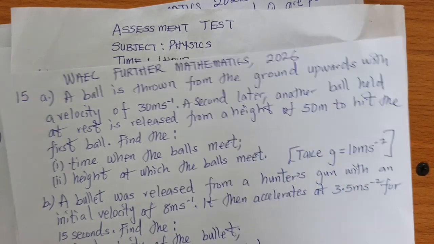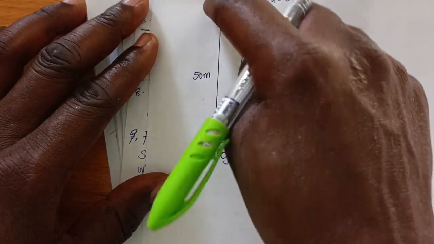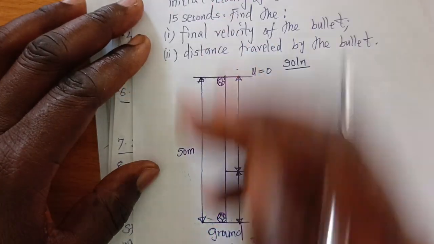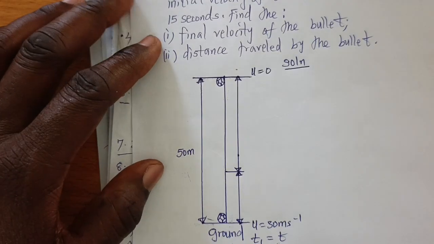Now we are given the height, which is 50 meters. The ball coming from the ground and the one held at rest comes from a height of 50 meters.